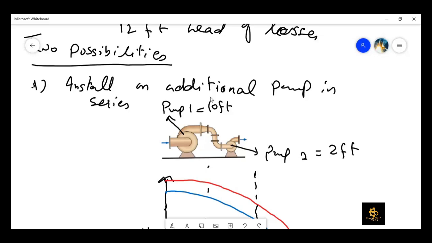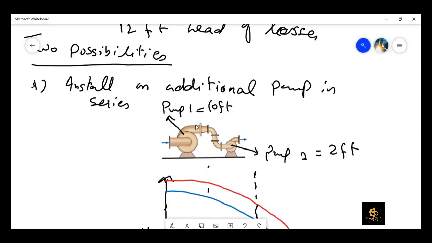But if it is more than twice or thrice, then there is no other choice than to use multiple pumps, either in series or in parallel. So now we are going to discuss those two cases where we require the use of multiple pumps, right?